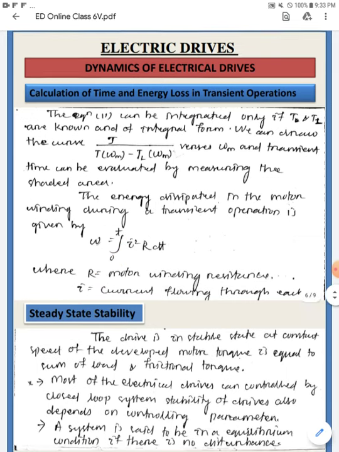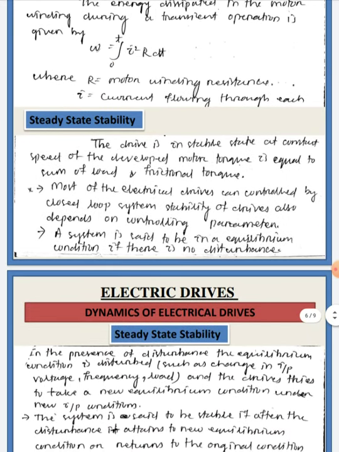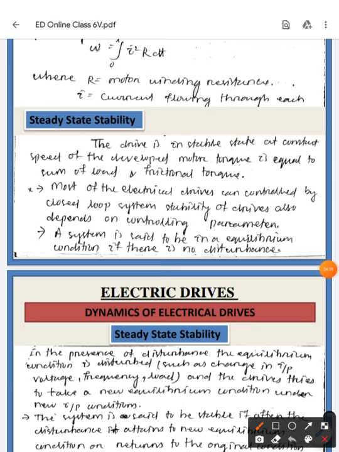Now similarly in steady state stability, the drive is in a stable state at a constant speed, where the developed motor torque is equal to the sum of the load torque as well as the frictional torque.